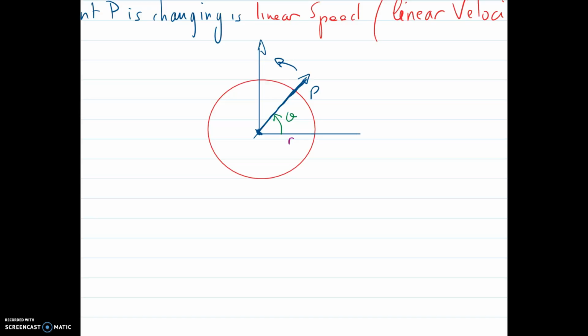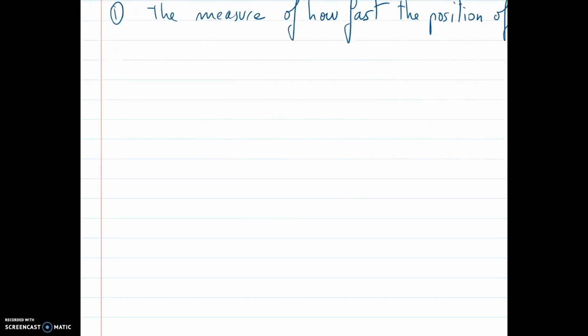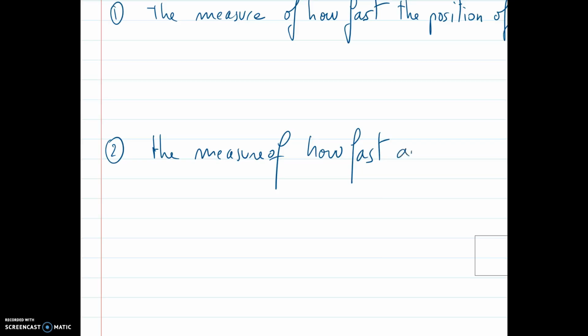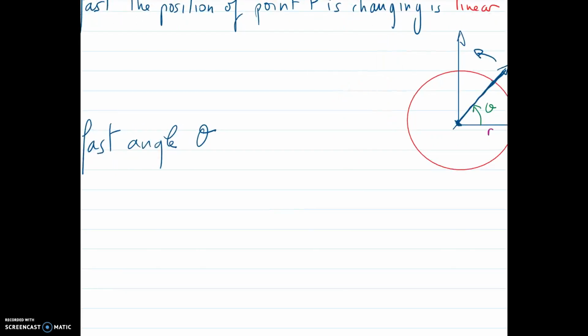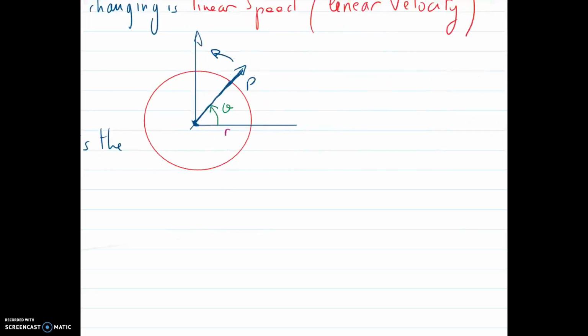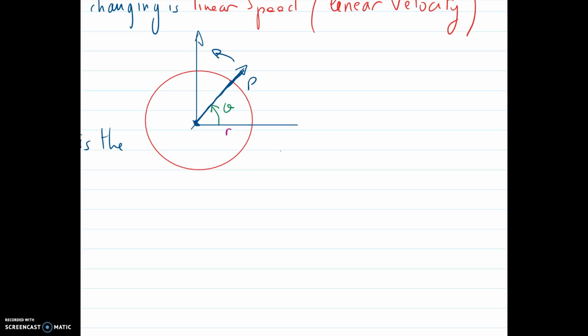Now if I'm looking at problem number 2, what I can tell is that the measure of how fast the angle theta is changing is the angular speed.